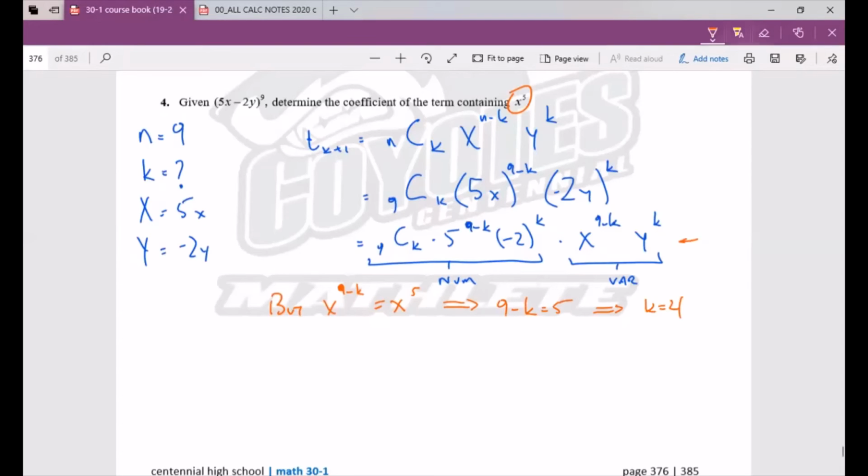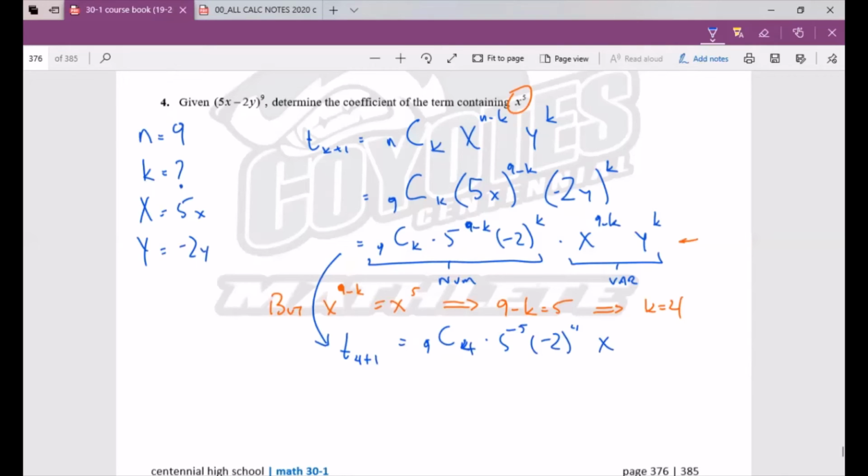Now I'm doing this in a different color, and I'm doing this horizontally because this is kind of just an aside to our argument. I'm going to continue on with this, equals t k plus 1, but now it's t4 plus 1. And it's now equal to, well, let's start filling in k. So 9c4 times 5 to the 9 minus 4, which is 5 to the 5, negative 2 to the 4, that's all of our numerical part.